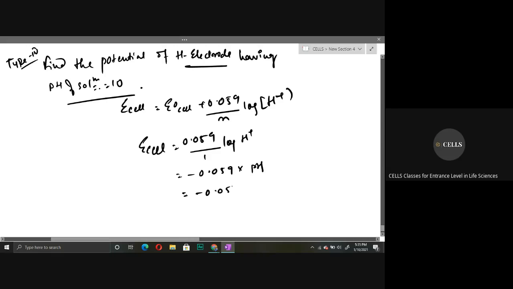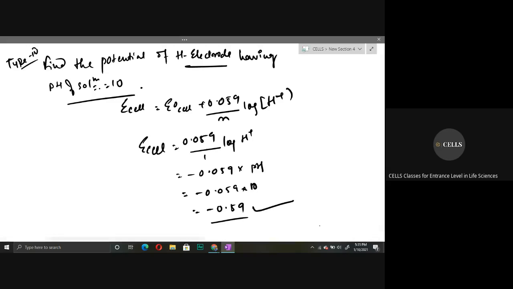Minus 0.059 into pH 10, minus 0.59 will be the potential. Simple question. Okay. Type 5.